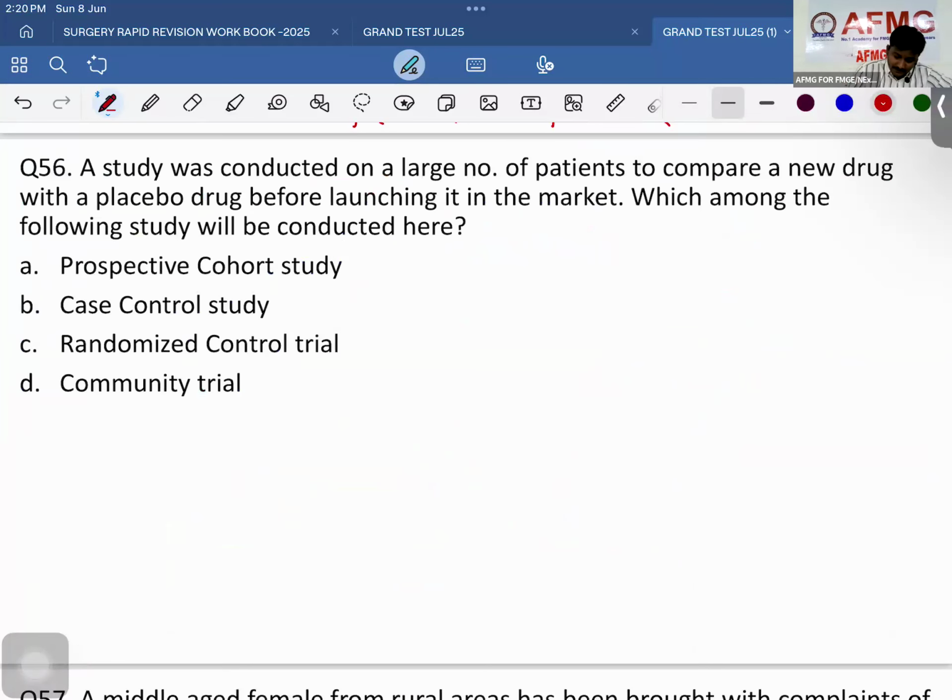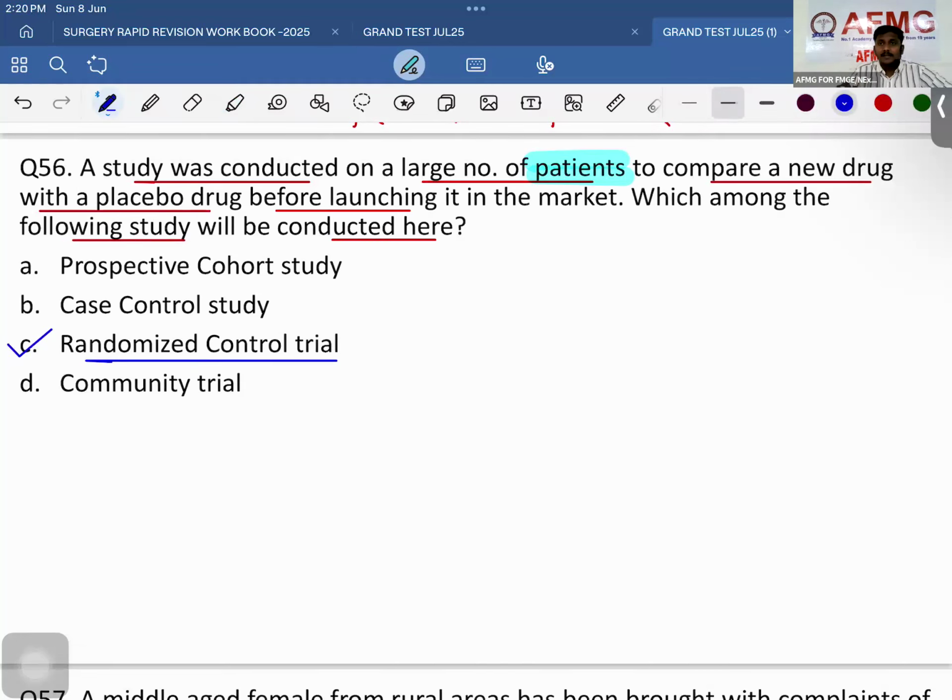Question number 56: a study was conducted on a large number of patients to compare a new drug with a placebo before launching the drug in the market. Which among the following studies will be conducted here? Answer has to be option C, that is randomized control trial. First, the study is conducted on patients, which itself gives you the hint.